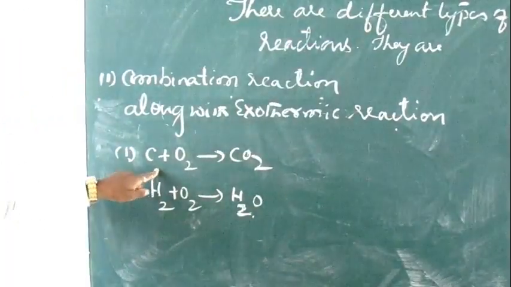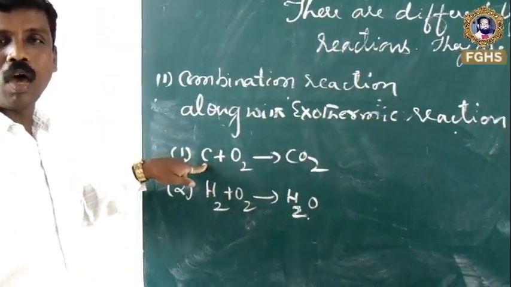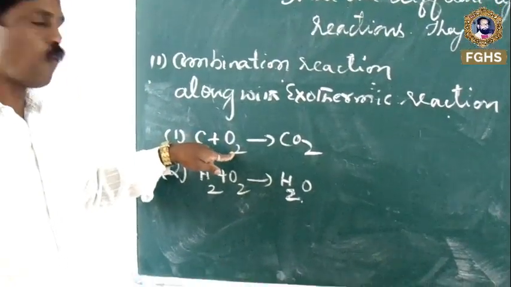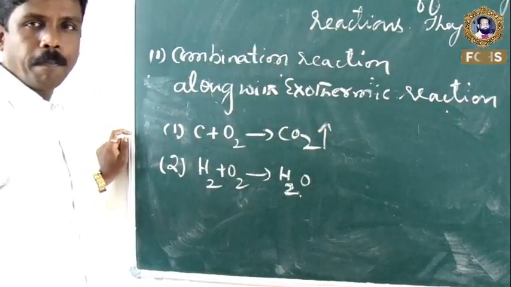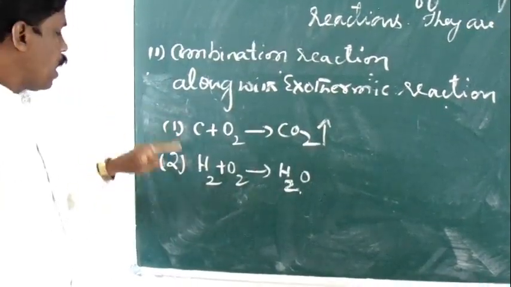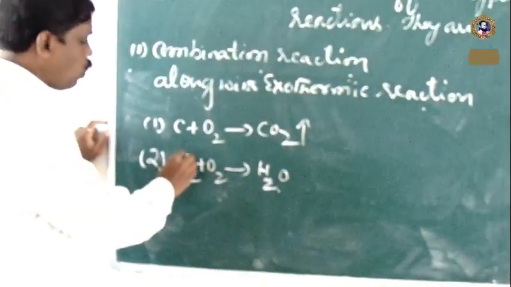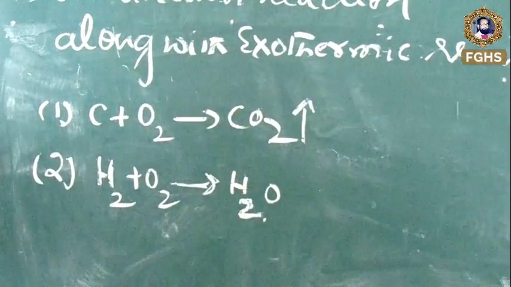The first equation explains coal, which is one of the allotropes of carbon. When it burns in the presence of oxygen, it gives carbon dioxide. Another equation explains that when hydrogen reacts with oxygen, it gives water.